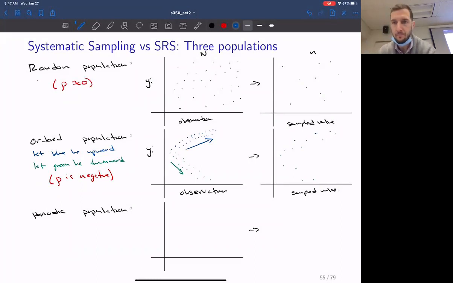But again, it's the same result. So we still have a rho that is negative. So rho is not referring to the direction of the trend. The trend can be positive or the trend can be negative. What rho represents in the case of systematic sampling is the spreading out of the values from one another across the trend. Okay.